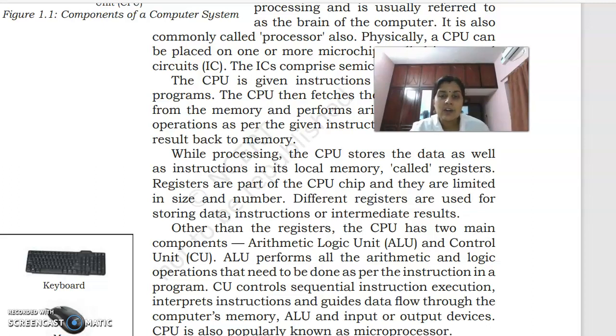And the control unit gives instructions or controls sequential instruction execution. That means the control unit controls sequential instruction execution. Instruction execution means that by using programs, our instructions are executed. These instructions are controlled by our control unit.